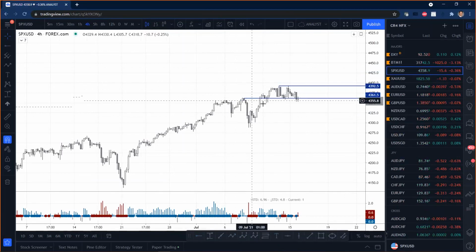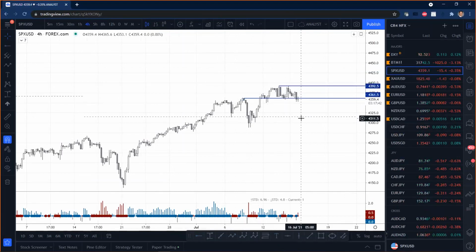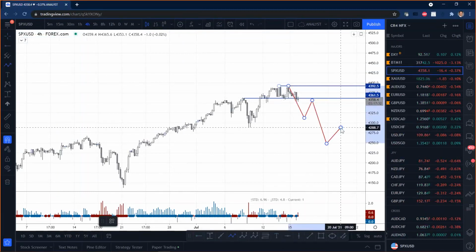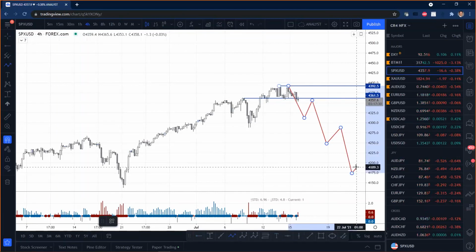So it's kind of oscillating around this area of support here, but we need to see now some definitive moves to the downside to start to get this sort of price action like this, sort of zigzag to the downside.